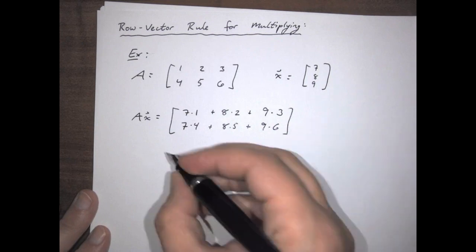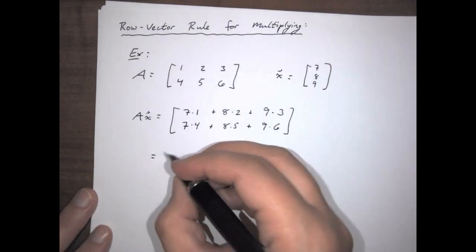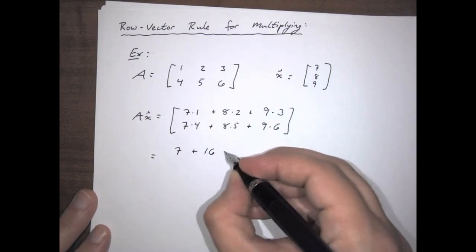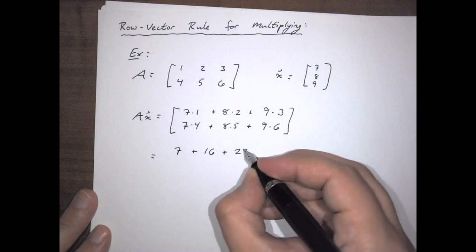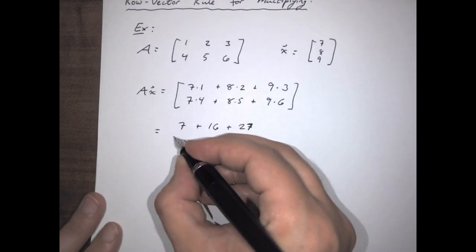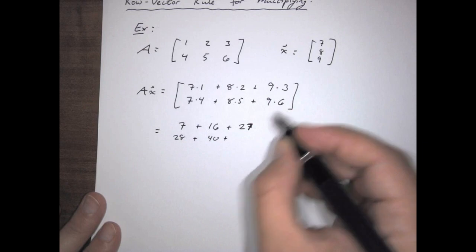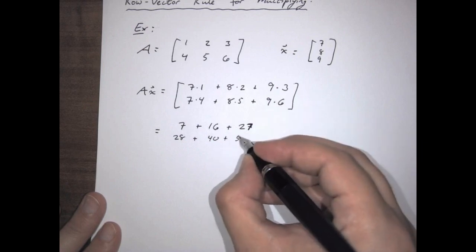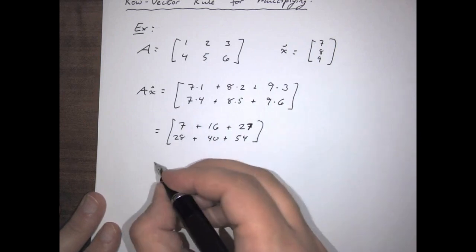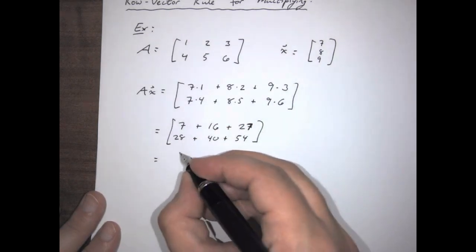The numbers that we get are the same numbers we got when we applied the other method. Upstairs we'll have 7 plus 16 plus 27, and downstairs 28 plus 40 plus 54. Since these are the same numbers we were adding last time, we get the same results: 50 and 122.